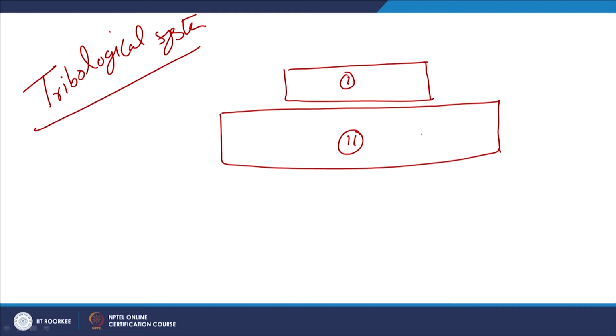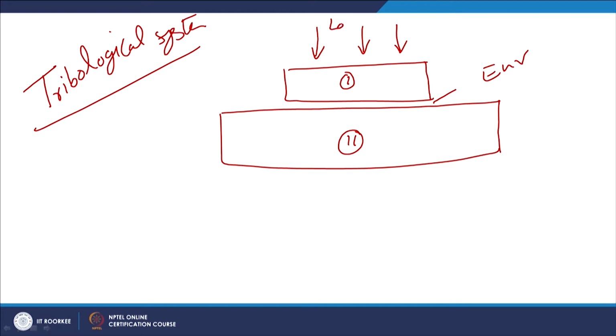These two components will be mating and interacting in a certain environment, and working under some kind of loading, either because of their own weight or an externally applied load.